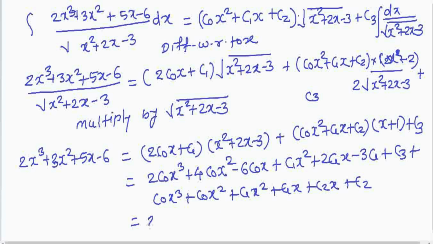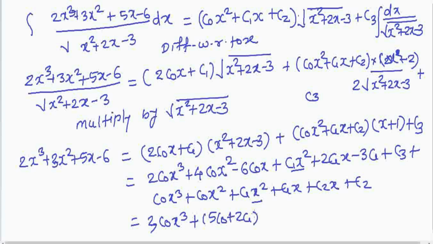Cube term: 2c0 x cube plus c0 x cube, that is 3c0 x cube, from this one and this one. Plus the square term: this is 5c0 x square plus 2c1 x square, right?